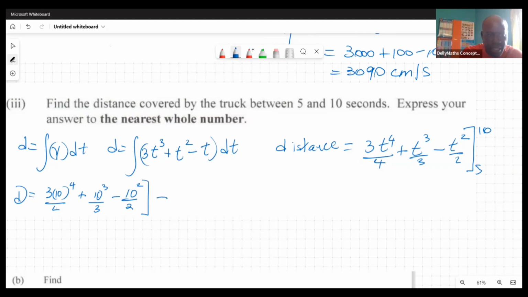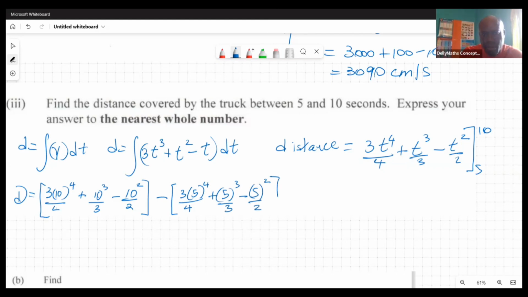And we want to subtract 3 times 5 to the fourth over 4 plus 5 to the third over 3 minus 5 squared over 2.